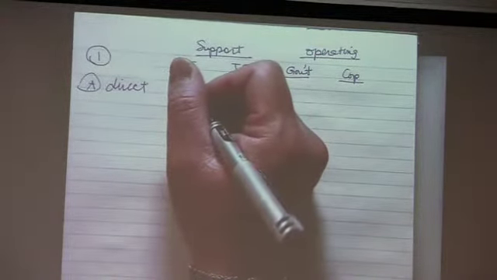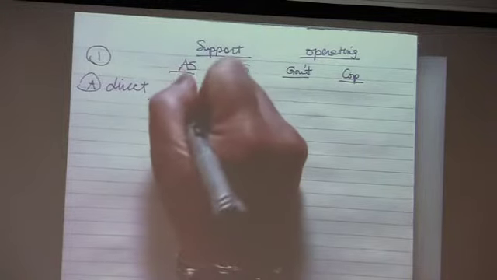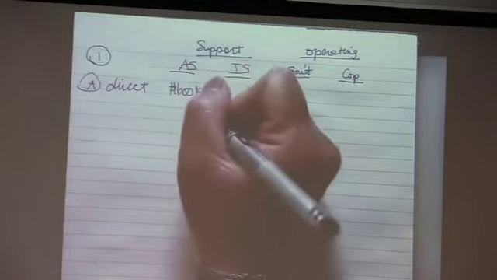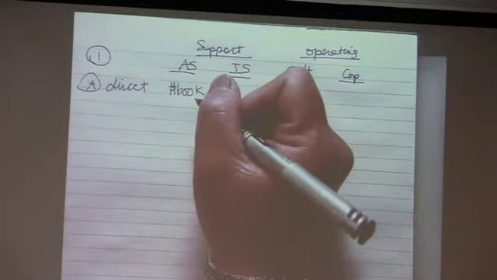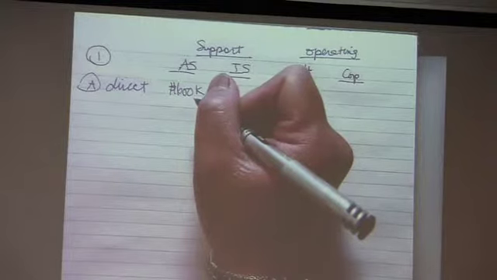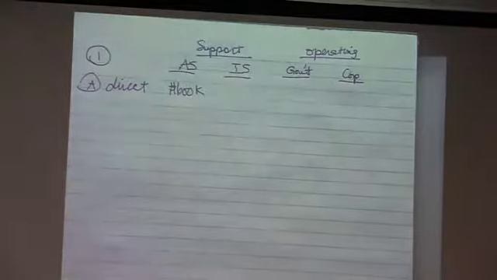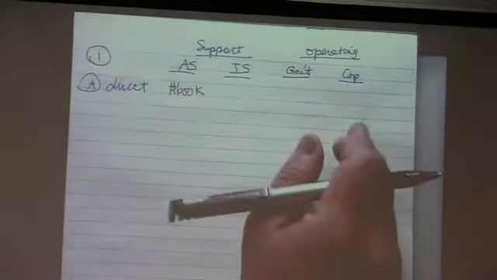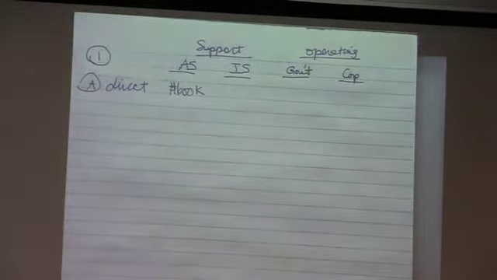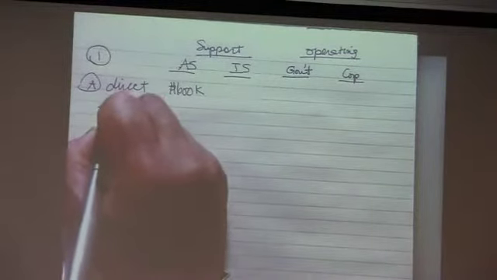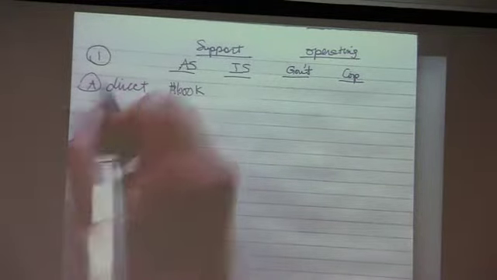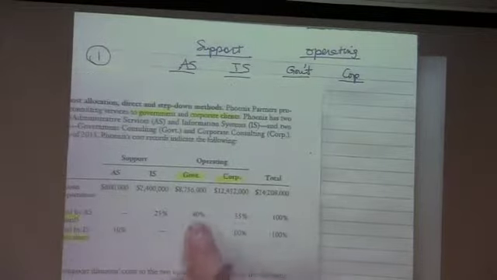And we're just going to allocate, so for example, the $600,000, that's the cost associated with running the administrative services. We're going to allocate it based on the amount of consumption of services that each of these operating divisions consumes from the administrative services. So in this case, we're going to allocate using 40 divided by 75, because we've got 40 and 35 here.